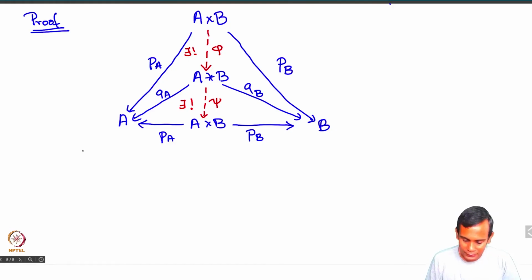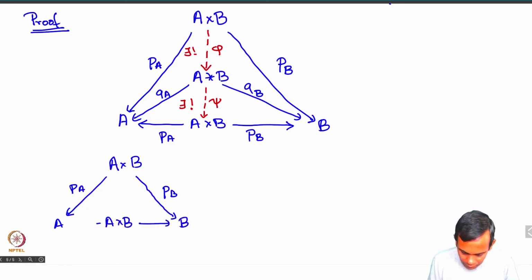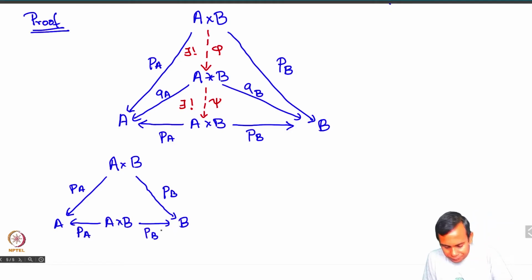Now let's consider a slightly different diagram, a simplified version of this. So we have A cross B, we have PA to A, and we have PB to B. Now, the universal property for the product applied to the product itself. So now we are applying the universal property of the product by taking C to be A cross B itself and taking FA to be PA and FB to be PB.